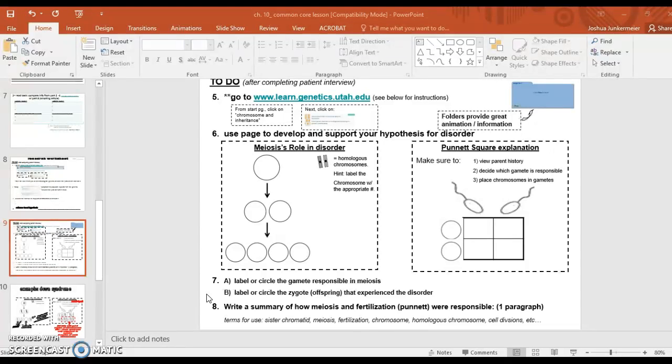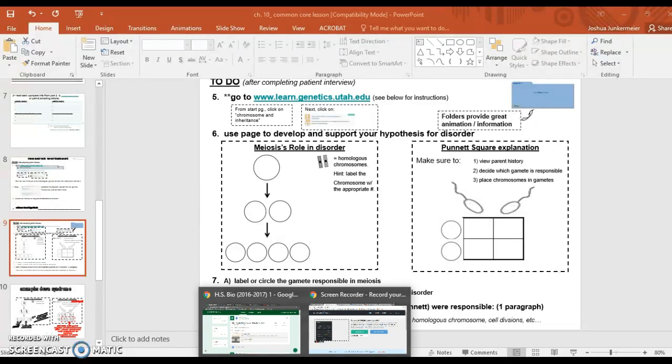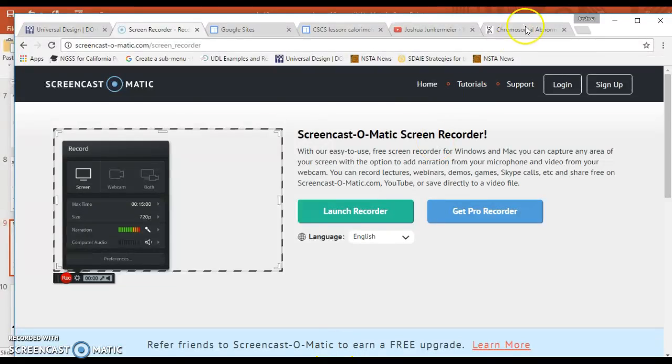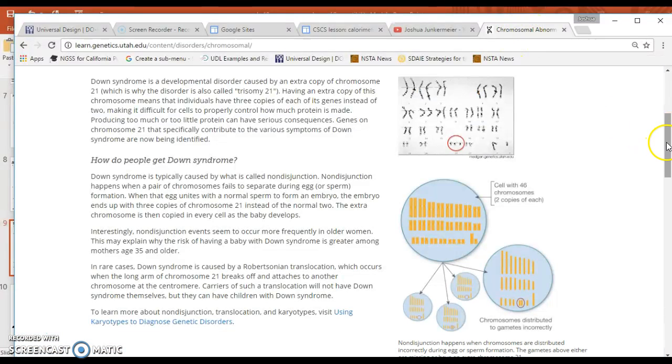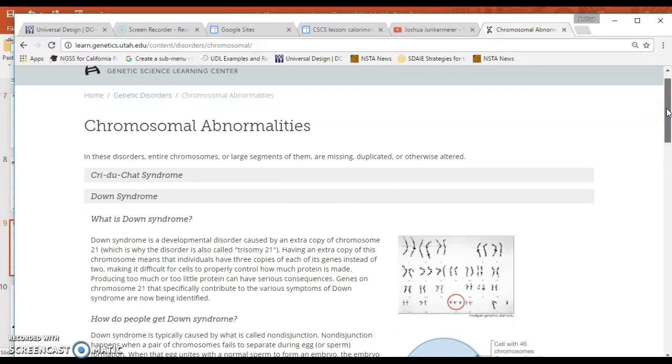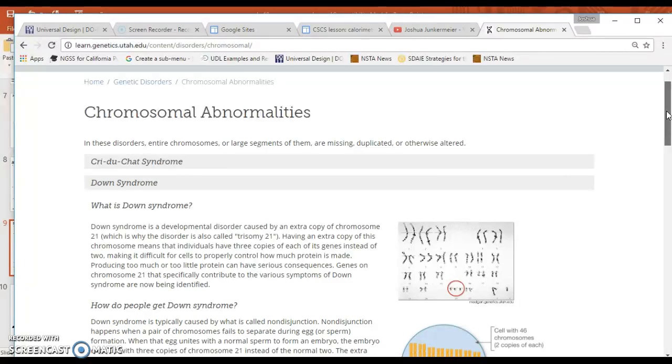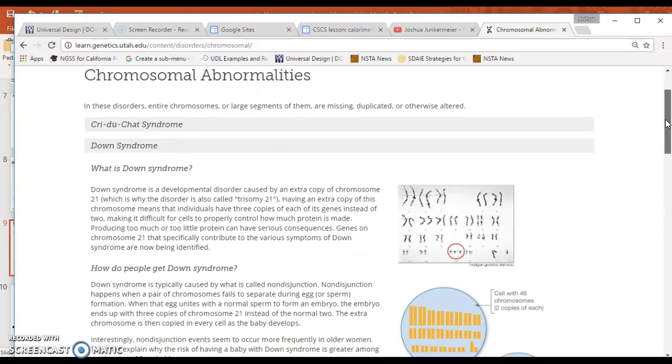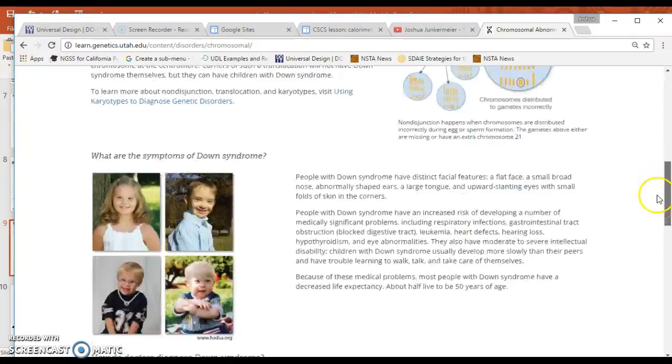All right. In order to do that, now that you know what syndrome they have, all you have to do is look at it. And I'm going to continue with the example of Down syndrome. For each syndrome at Learn Genetics, you just go back to the website, don't worry. If you need to review how to get to that website, watch video 1 again for Research Day 1. You have the 4 or 5 different syndromes possible.